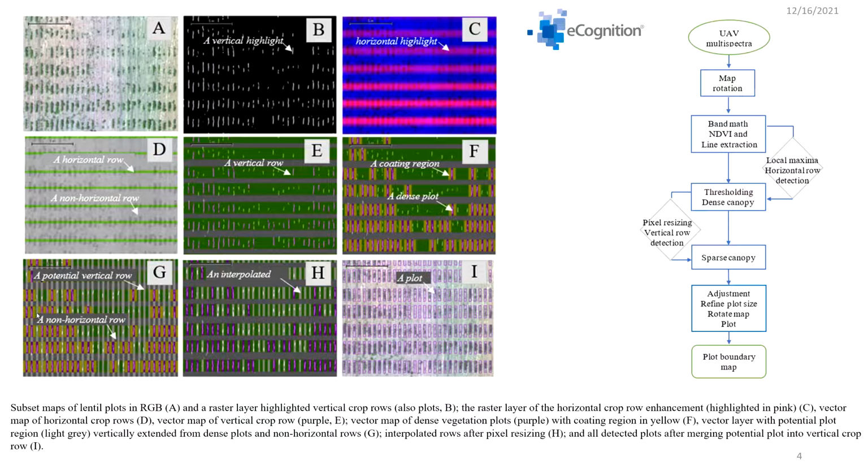In the same way, from non-horizontal rows, we grow horizontally, and the output is here. You can see here the non-horizontal rows, and by doing that, we leave the potential vertical rows in the horizontal rows. After that, some minor steps to reverse map angle and refine plot size were conducted to get the output map, as you can see in the graph here.